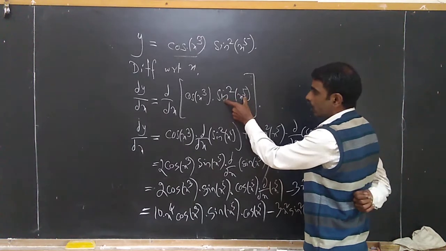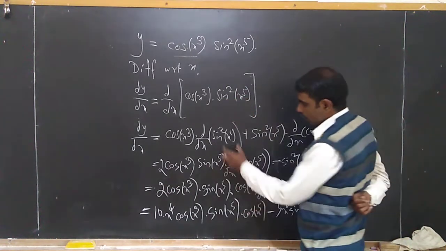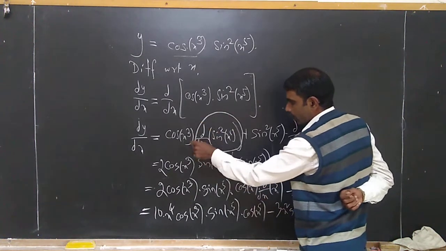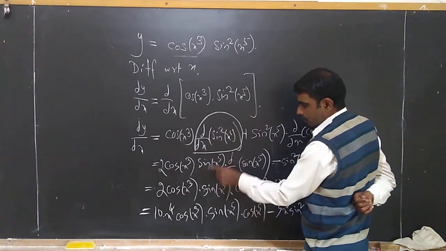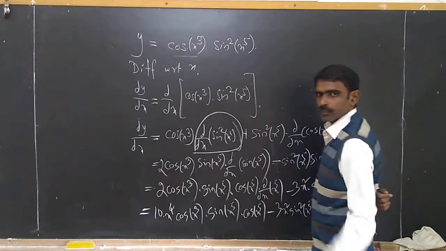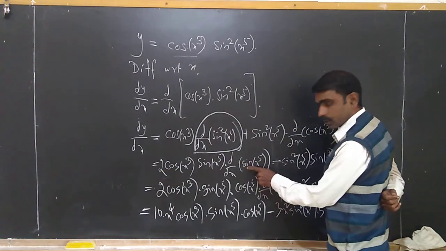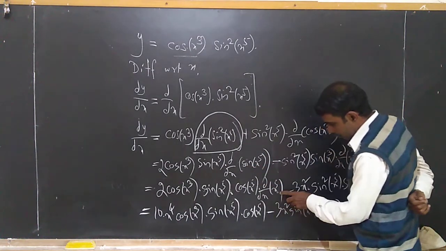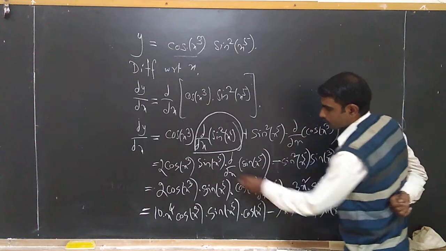It is the composite of three functions. While we are finding the derivative, first you find the derivative of the outermost function, then the derivative of the inner function, then the derivative of the innermost function.